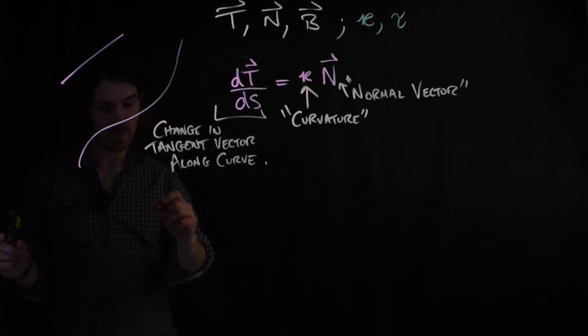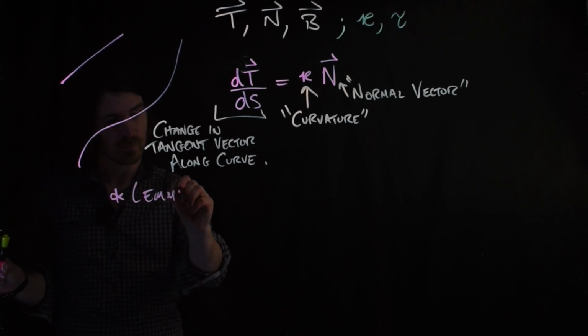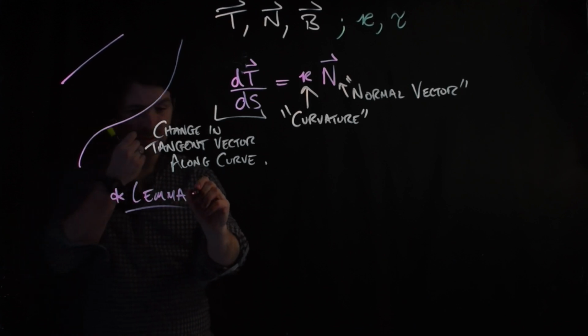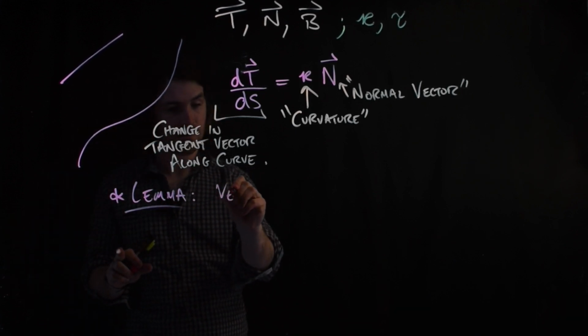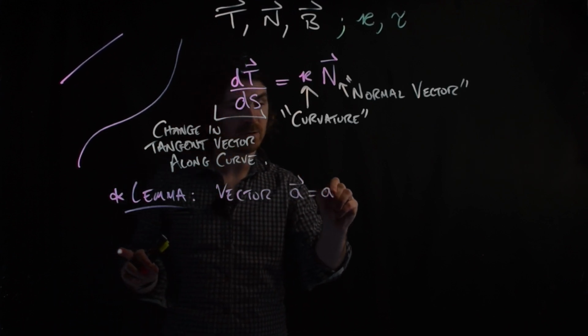To make progress, let's think about the following. Let's have a lemma. The lemma is, let's have a vector A that depends on some parameter t.